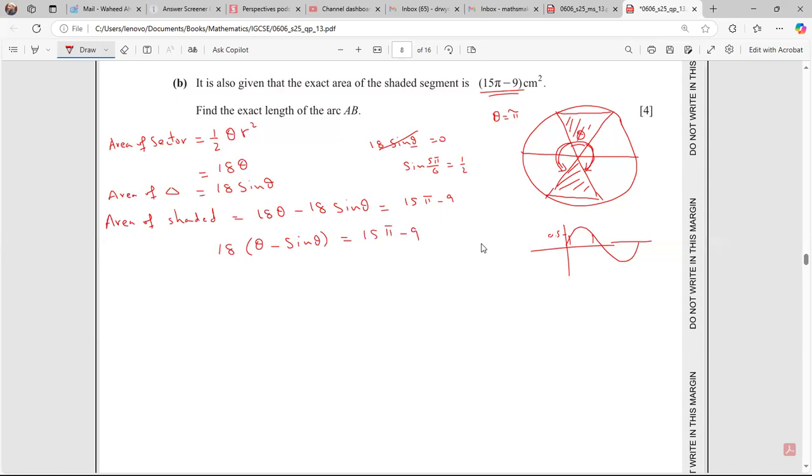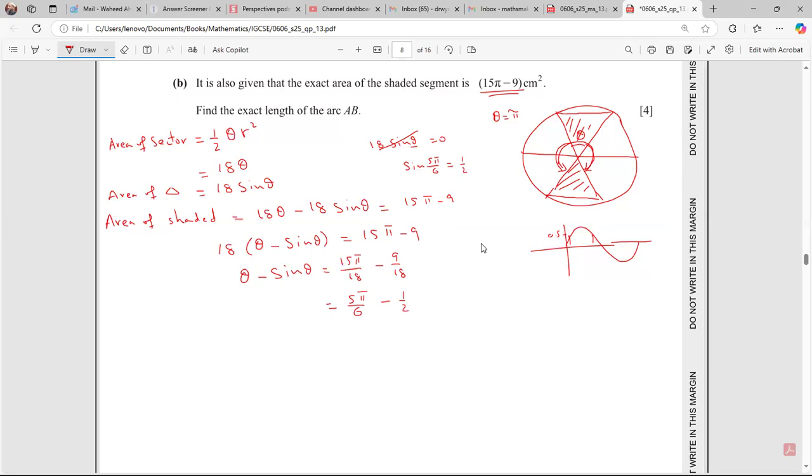If I divide by 18, it is theta minus sine theta equals 15 pi over 18 minus 9 by 18. So this is going to be 5 pi by 6 minus 1 by 2. We know that sine theta is 1 by 2, from the previous part.